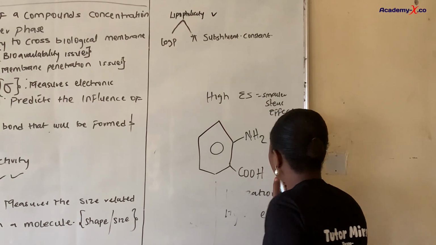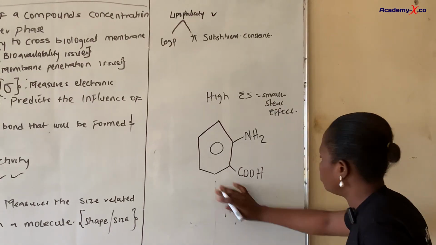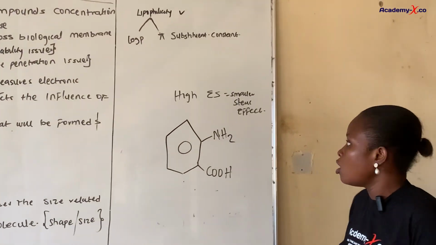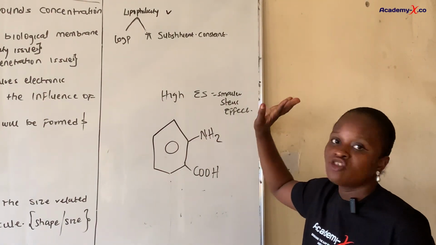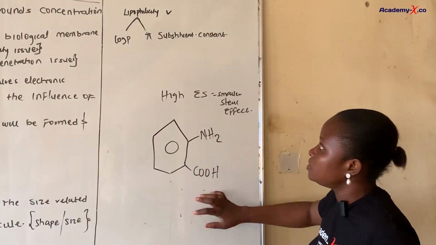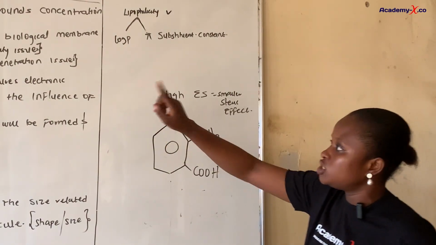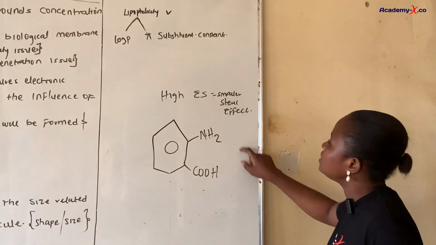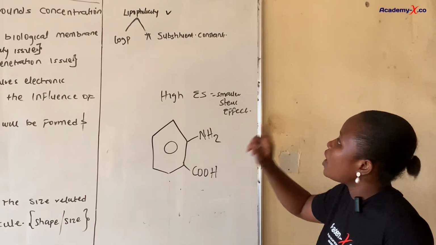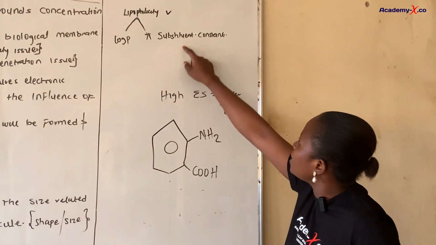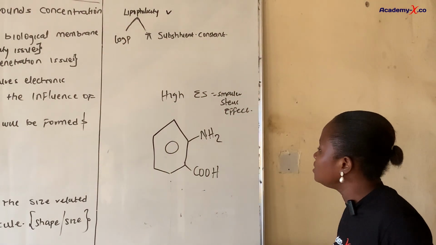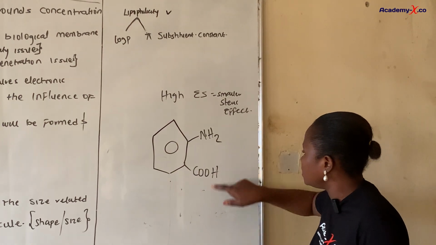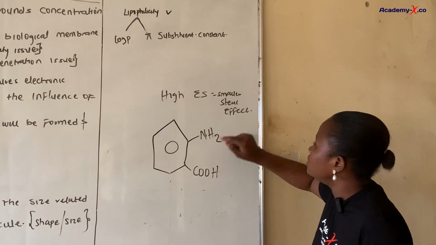Let's say you're considering this drug, you want to consider the lipophilicity. So when you talk of lipophilicity of this drug, we have two major things that describe the lipophilicity, and one of them is the partition coefficient. The partition coefficient looks at how hydrophobic this whole molecule is, whereas the pi substituent constant looks at the hydrophobicity of each of these substituents, like this carboxylic group here, and then this NH2.